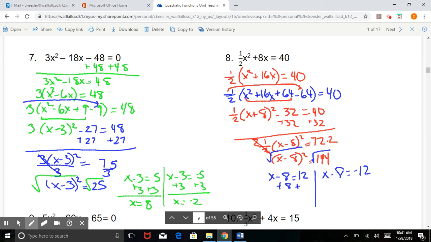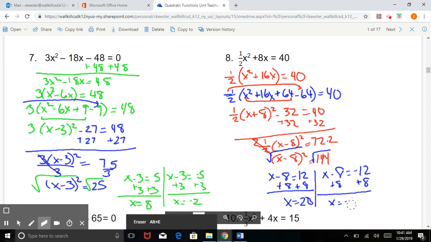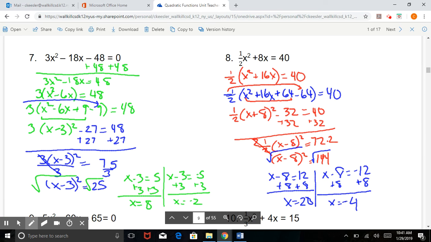Subtract 8, x equals 4. Subtract 8 again, and x equals negative 20. So my two solutions in this case are x equals 4 and x equals negative 20.